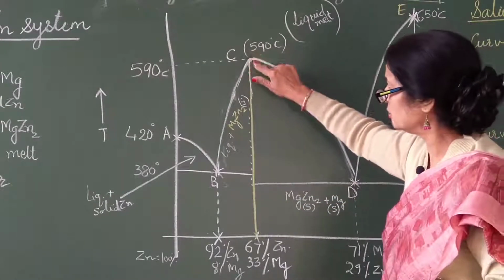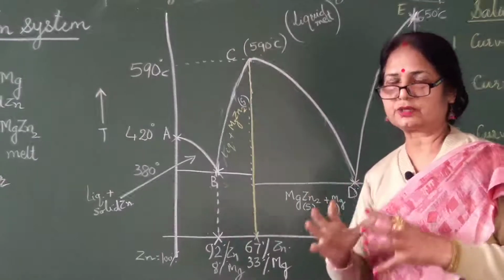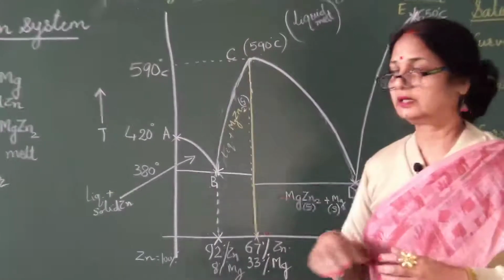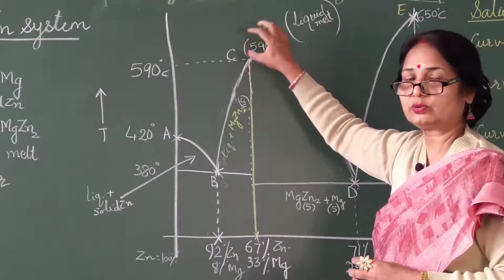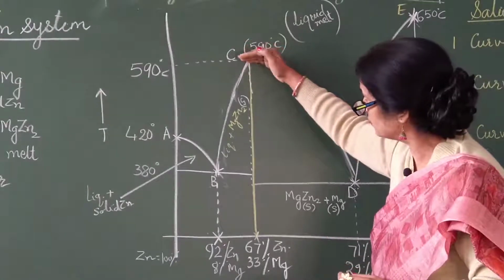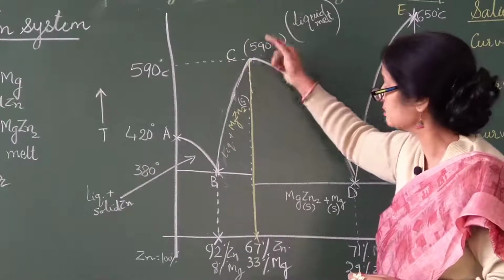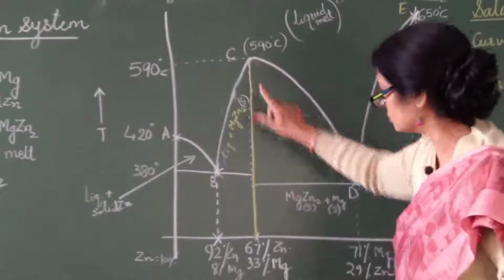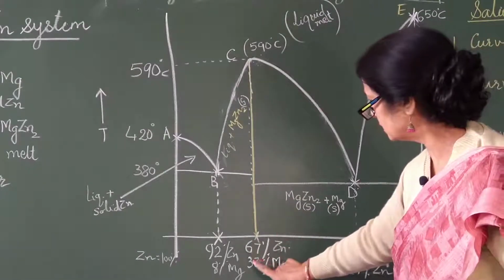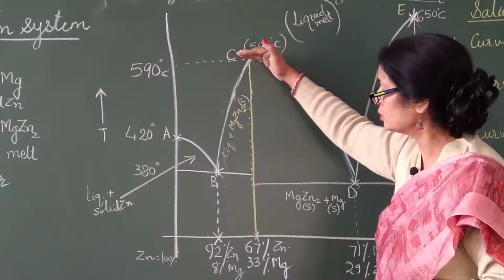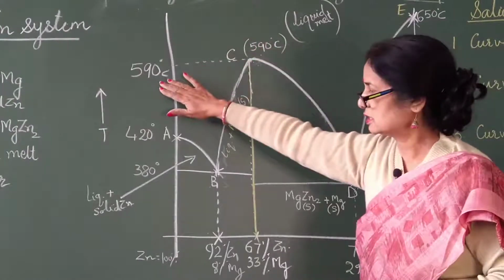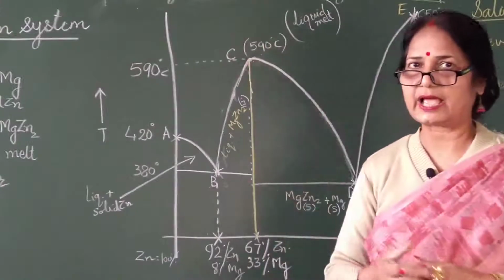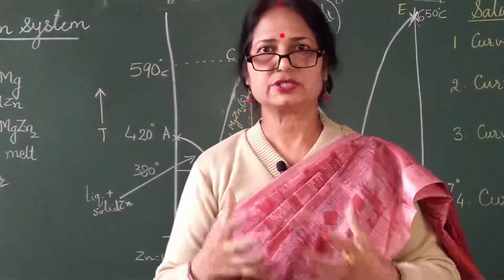So at this point C, what we have is solid MgZn2 as well as liquid MgZn2. If we cool it below this 590 degrees centigrade, at this composition, which corresponds to 67% of zinc and 33% of magnesium, we will have a solid MgZn2.